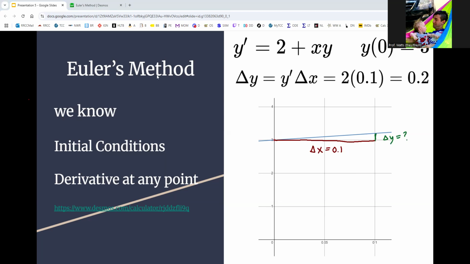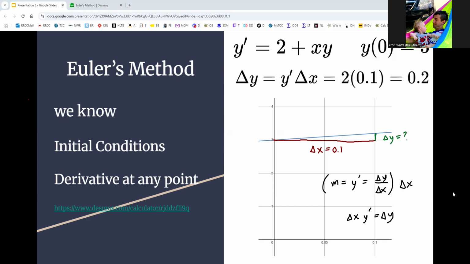And so you want to remember that the slope, which is the derivative, is change in y over change in x. And if you just multiply that by delta x, then you get delta x times y prime equals delta y. So we can find the change in y by taking this change in x, which will become sort of our step size, and multiplying by the value of the derivative, which comes from the differential equation.